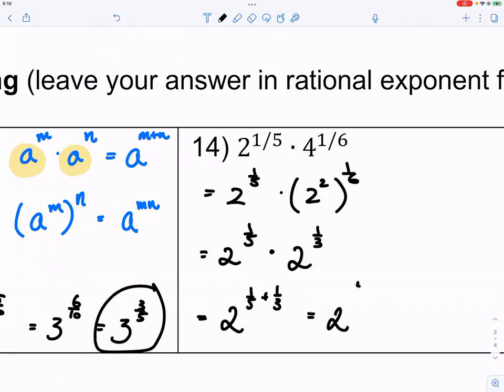And that is 2 to the 3/15 plus 5/15. And that is 2 to the 8/15. Okay.